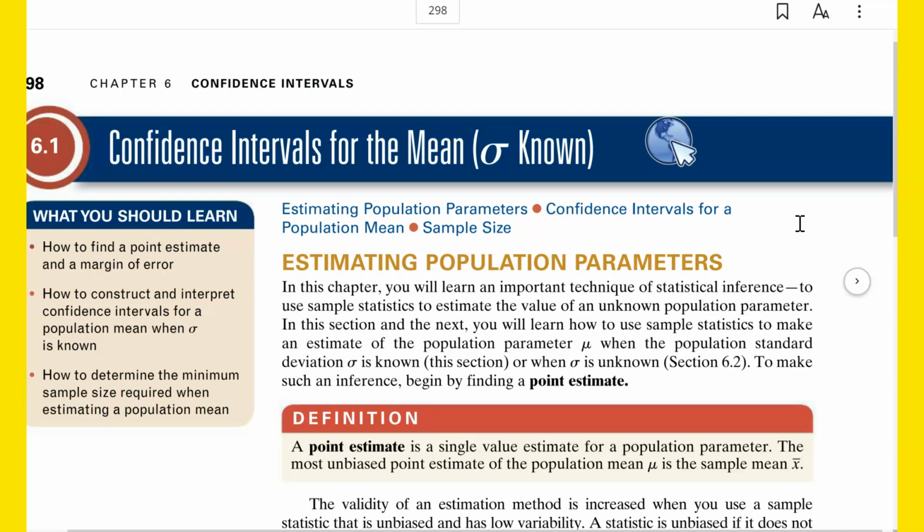So when we are taking a sample, we get some statistics. Let's say the weight of an average college male student. And we take a sample of 100 males that fit that category, and we get that mean.